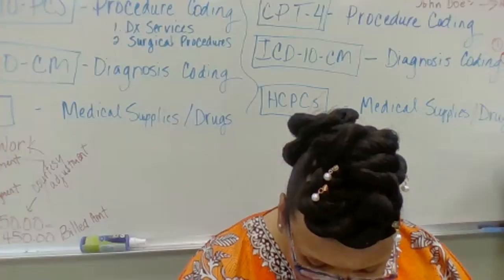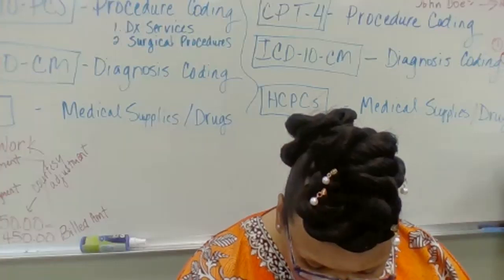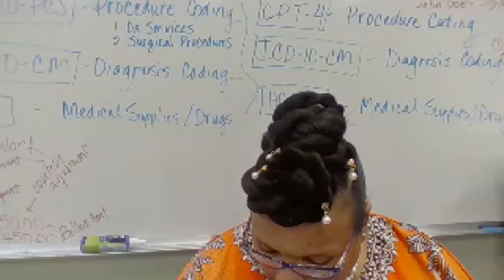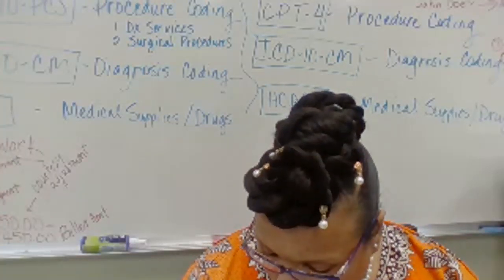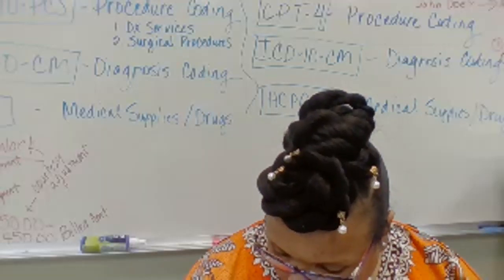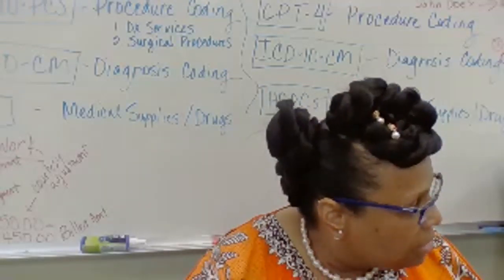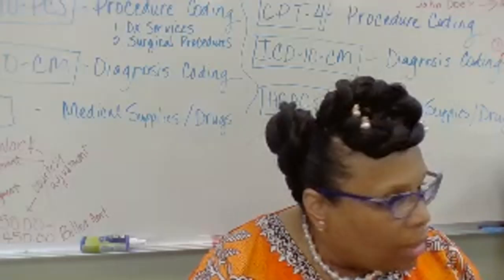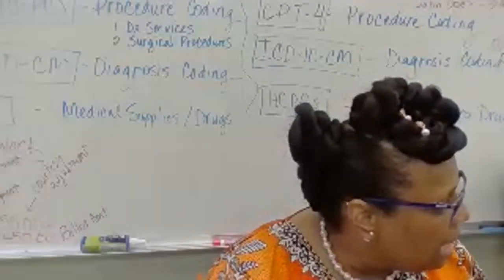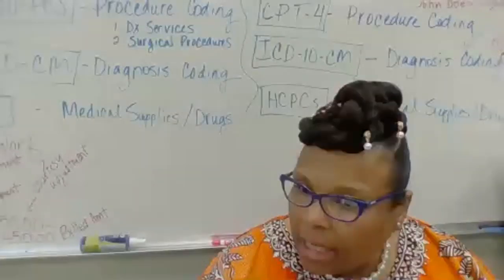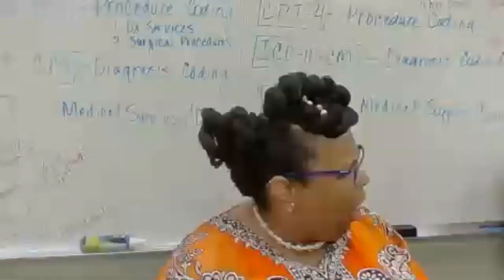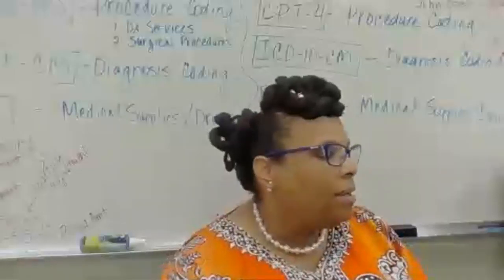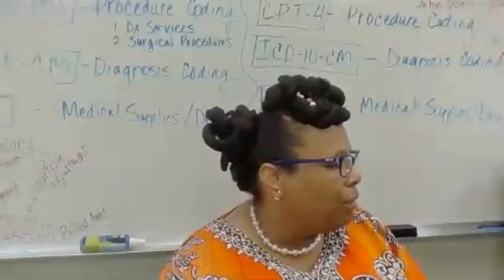Procedure code 992. Everybody, terminology, or the allowed amount. Does everybody see that? The copay is how much? Coinsurance dollars is coinsurance dollars, and the payable amount to the physician is... okay.